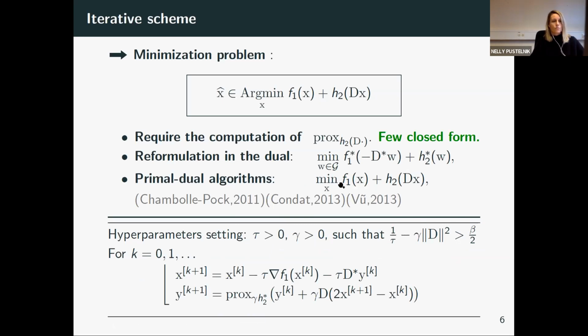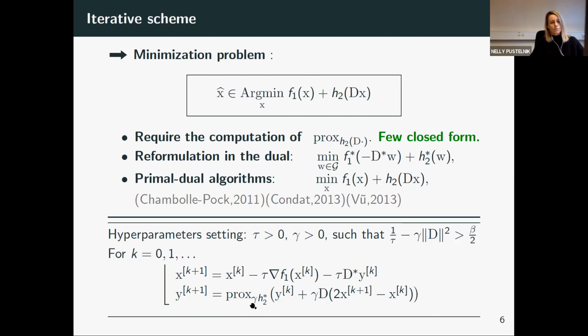The reason is quite simple. It's because when you have this kind of minimization problem, a sum of two terms where one is composed with a linear operator, the design of this primal-dual scheme is the following. You also perform the gradient descent over F1, as you do for the forward-backward. You compute the proximity operator associated to the function H2.